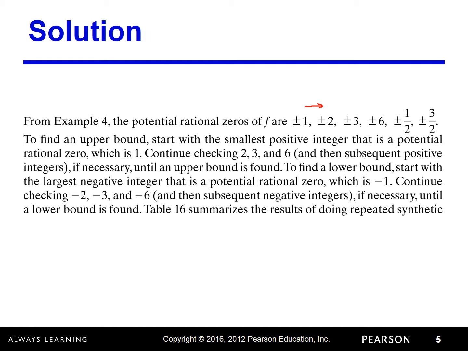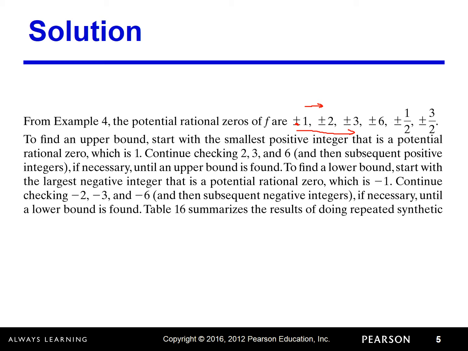To find a lower bound, start with the largest negative integer that is a potential rational 0, negative 1. And then we'll try negative 2, negative 3, negative 6 until a lower bound is found, until we get one of these strange lines in the third row of the synthetic.